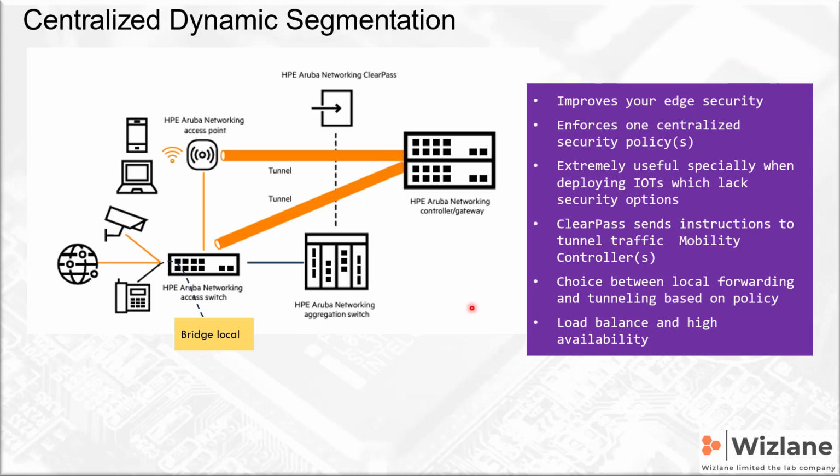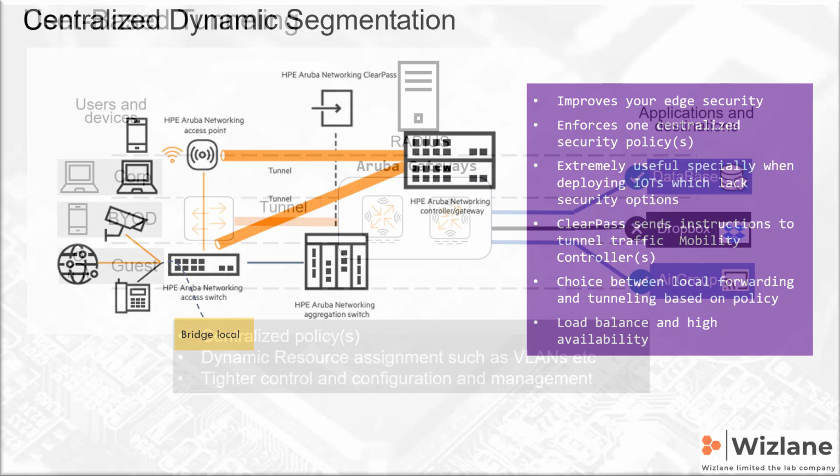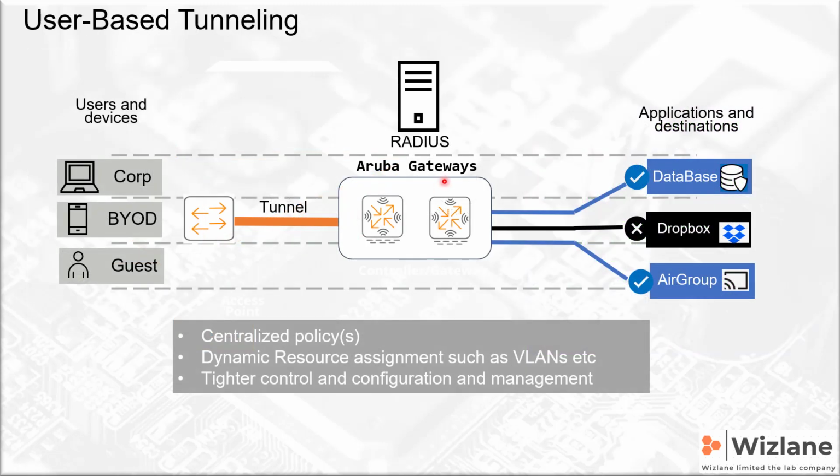Now, if we take a specific case of centralized dynamic segmentation, we're talking about user-based tunneling from the switch to the gateway, which are controllers basically. Either version 10, which we call gateways, or version 8, which we call controllers.